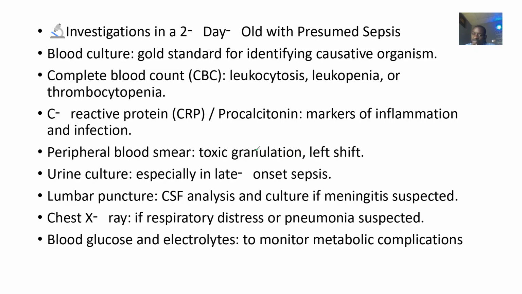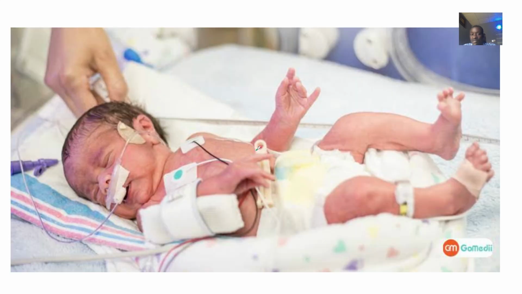Then peripheral blood smear, urine cultures. When it is late onset sepsis, you can track the microorganism causing the issue right there in the urine. Lumbar puncture, chest x-ray if the baby is having respiratory distress, then blood glucose and electrolytes.